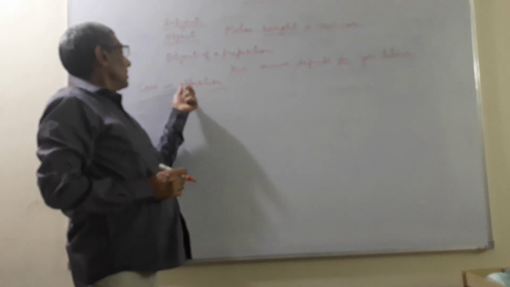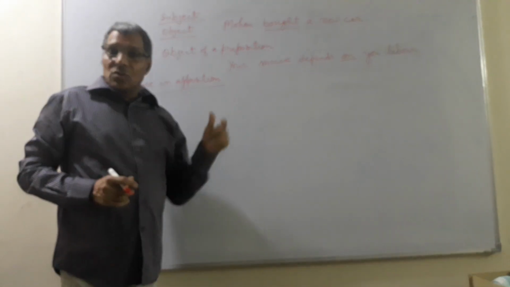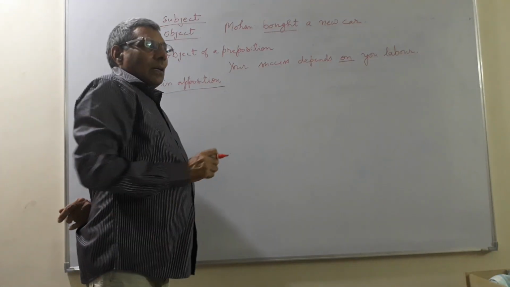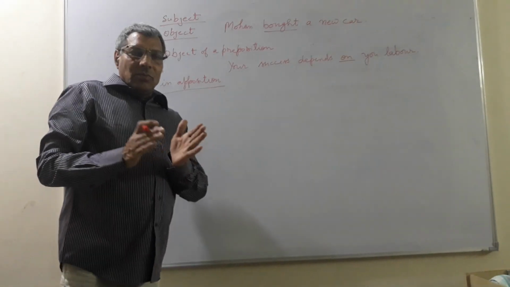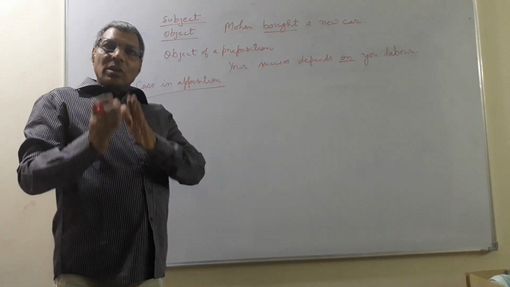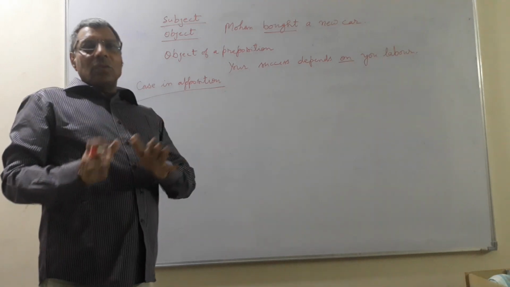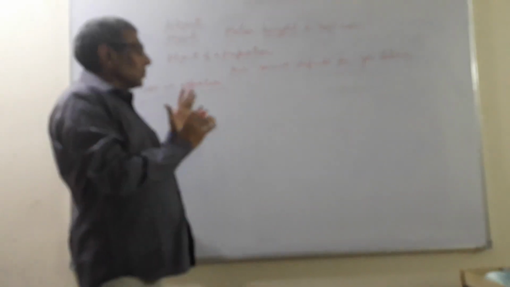This word is beginning with A, not O. So it is not opposition, it is apposition. When we use a noun to tell something about a second noun, it is said to be in case in apposition.